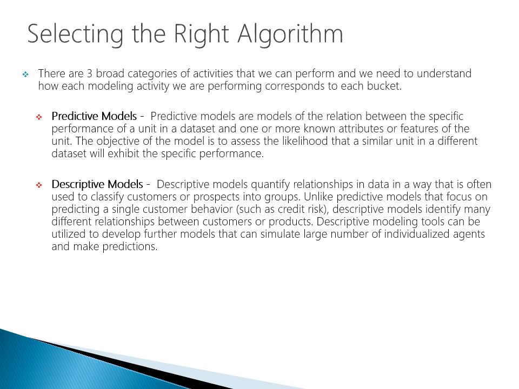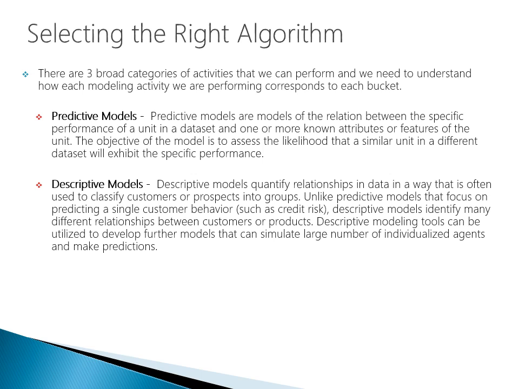Descriptive models quantify relationships in data in a way that is often used for classification and clustering purposes. Unlike predictive models that focus on predicting a single customer behavior, such as a credit risk, descriptive models identify many different relationships between customers or products.